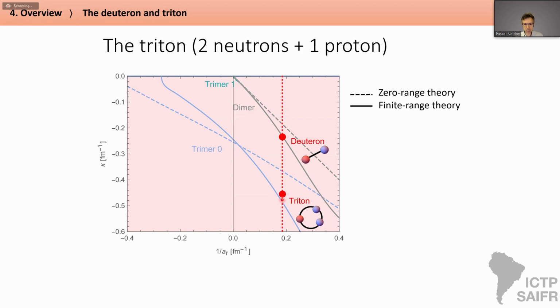This could be improved by including, for example, a three-body interaction, and with a three-body interaction, you could match this point perfectly. But as you can see, the triton and deuteron are consistent with these general predictions from the universal zero-range theory, but mostly qualitatively.